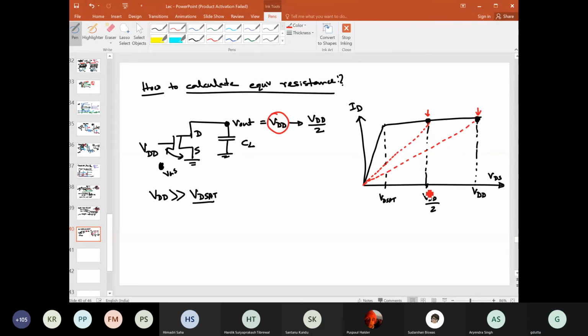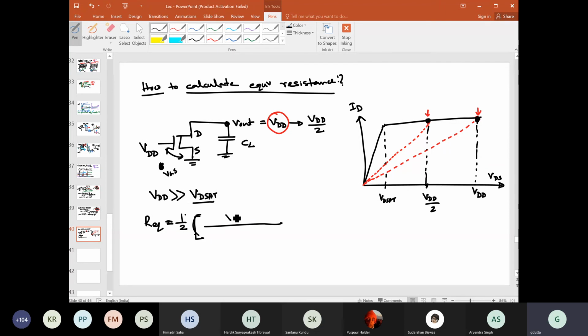How can we do it? It is quite easy. So R equivalent is the average of these. What is the resistance offered by this?